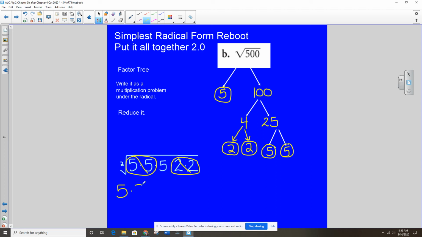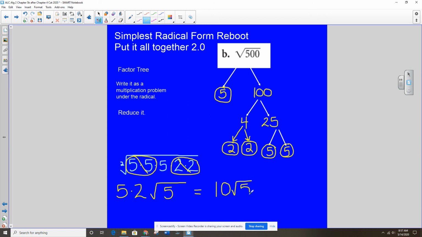So we have a 2 on the outside. Now we don't have a 52 on the outside. We just have a 5 times 2. And 5 times 2 is what? 10. Your final answer is 10 square roots of 5.